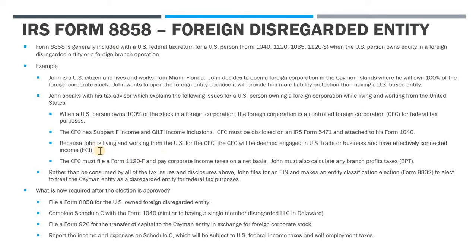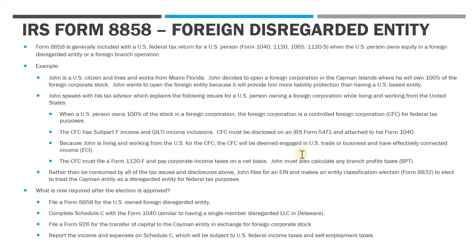Now, the other issue here is because John is the sole shareholder and he's living and working from the U.S. for the entity, the CFC is going to be deemed to be engaged in a U.S. trade or business. And as a result of that, it's going to have U.S. source effectively connected income. And this is the standard when you have a foreign corporate entity that has a U.S. office. Right, so John is physically present in the U.S. when he's going to be working for this company.